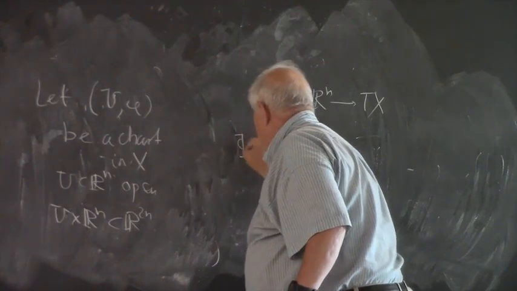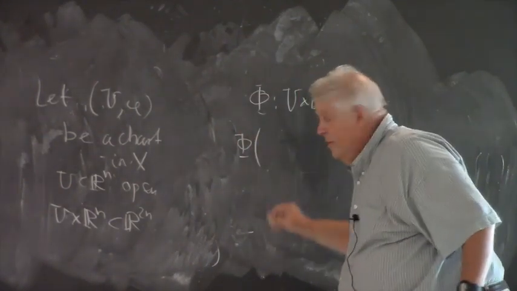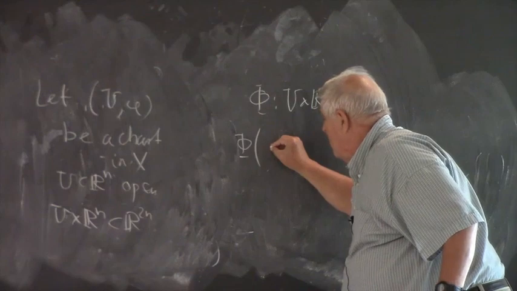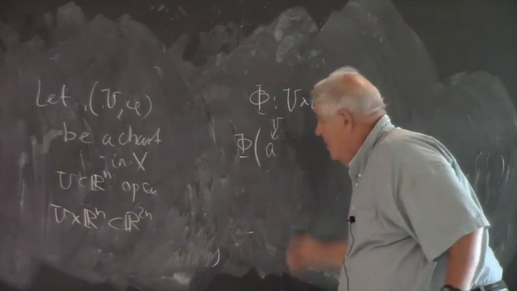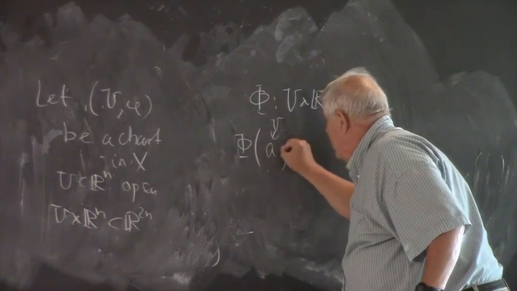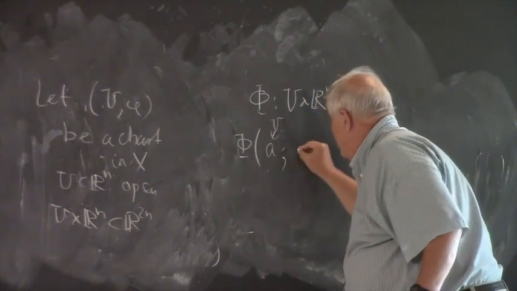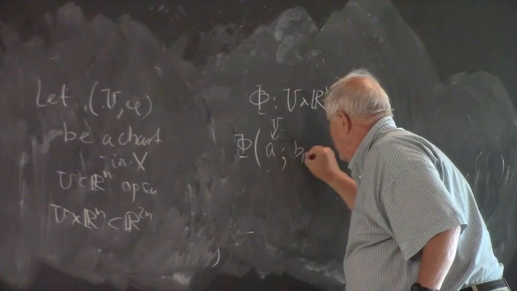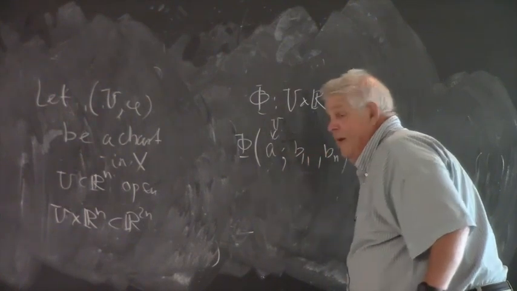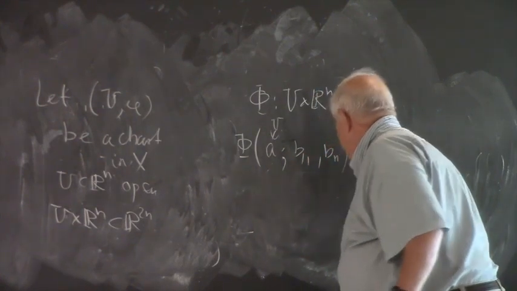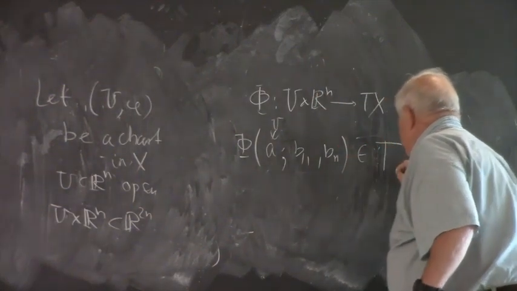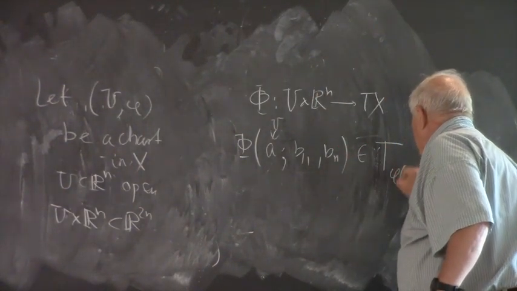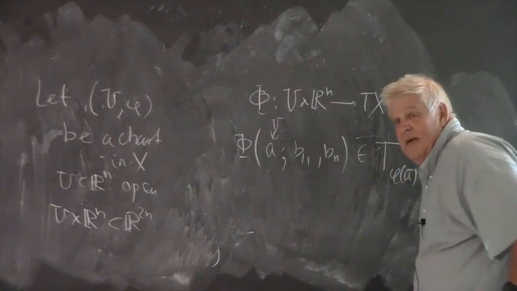Phi applied to what? To a point in U, let me denote it somehow, say a in U, and a point in Rn, b1, ..., bn. And this is an element in TX, but actually an element in T_{phi(a)}X.